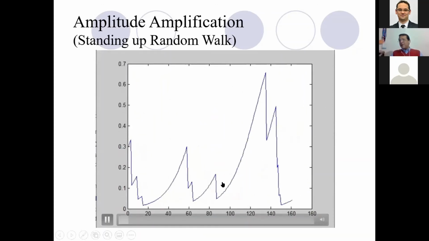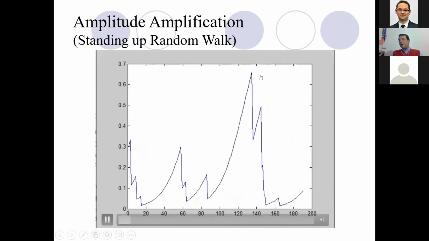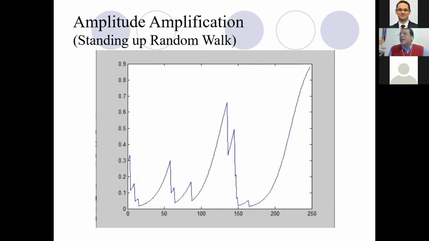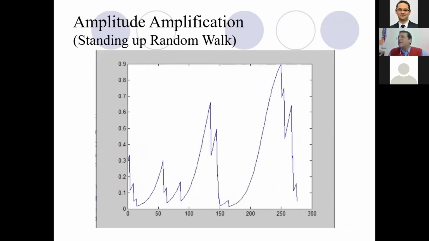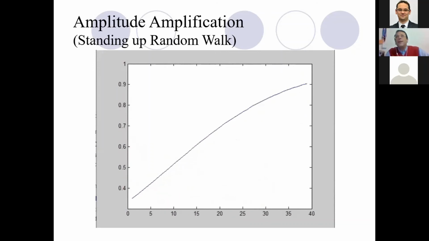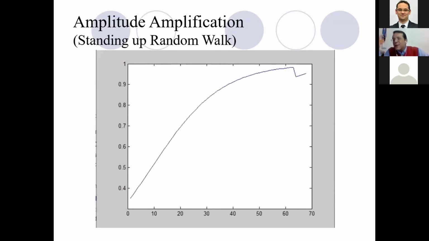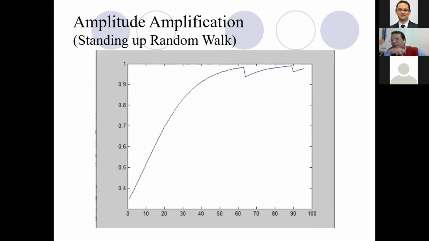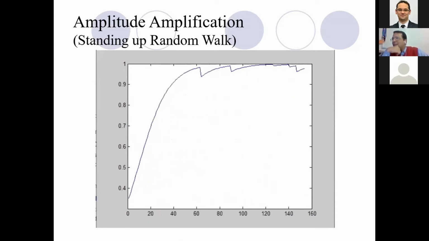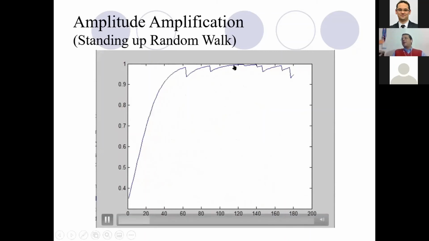So here it is trying to amplify, but actually it falls down very quickly. This work is still in progress. But the random walk itself is very interesting. If we call the normal random walk the drunk man walk, this walk we can call the standing up random walk, as if the probability is trying to stand up, but sometimes it falls down.